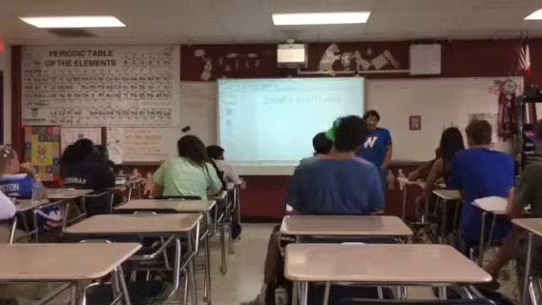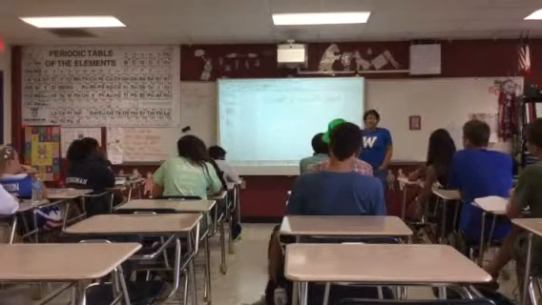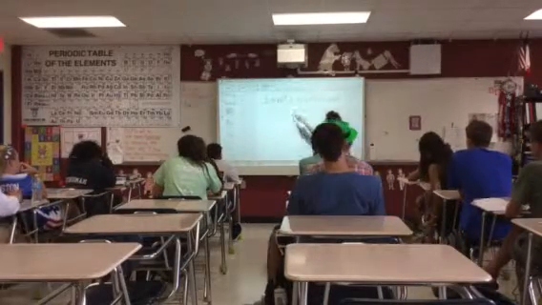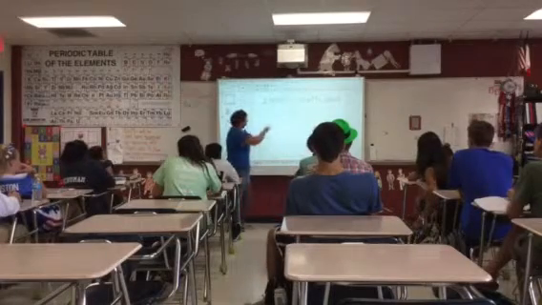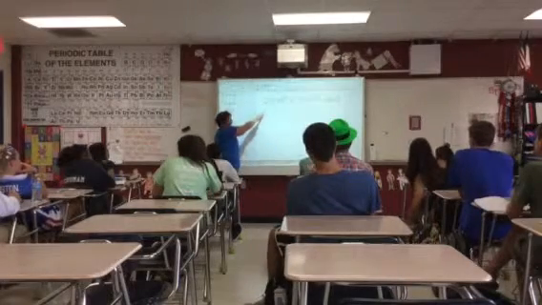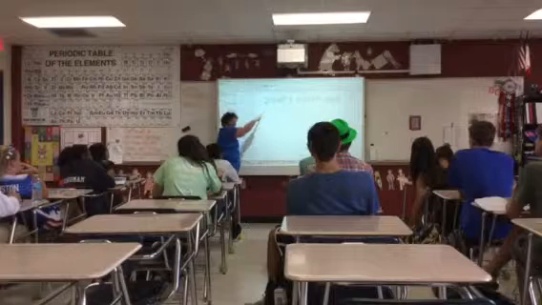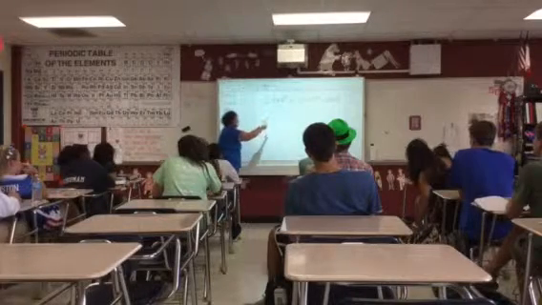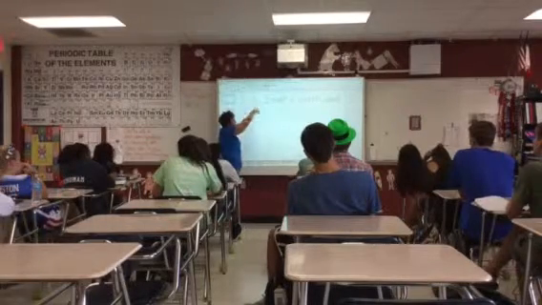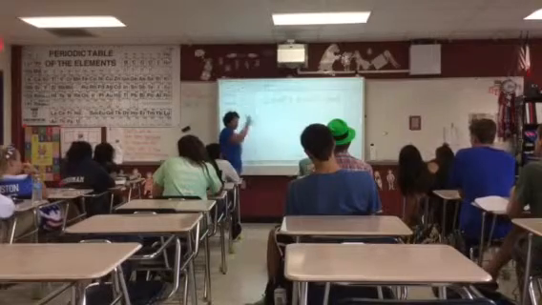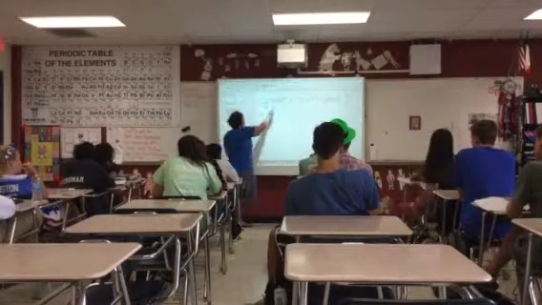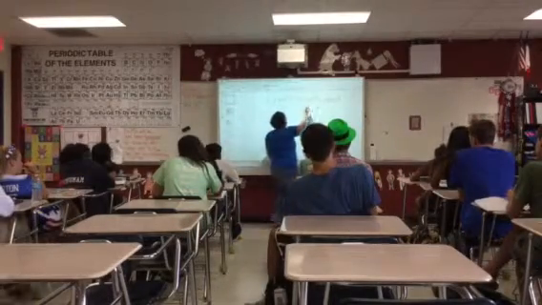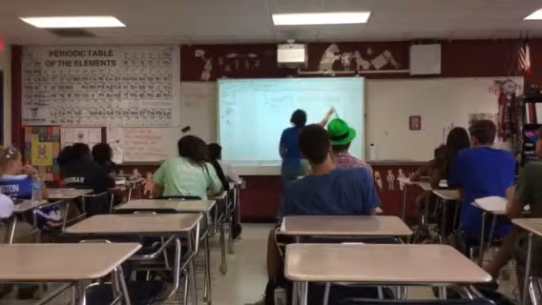When you add sig figs? The least decimal place. Decimal places, right? So I look at this number. That number has no decimal places. It's 210,000, whatever. So this has no decimal places. This has no decimal places. And this one has no decimal places.